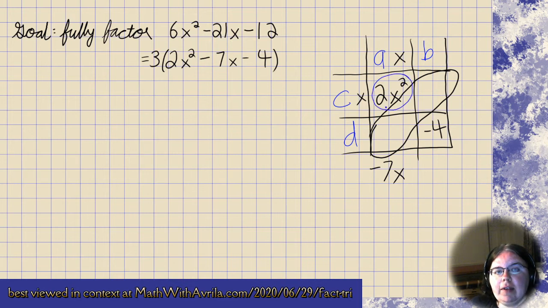Here we have that 2 being A times C. Here we have that negative 4 being B times D. If we multiply those together, we would get A times C times B times D. Well, if we multiply this and this together, whatever they may be, this would be B times C, and this would be A times D. So if I multiply those together, I'd have B times C times A times D. Those are the same. That's important.